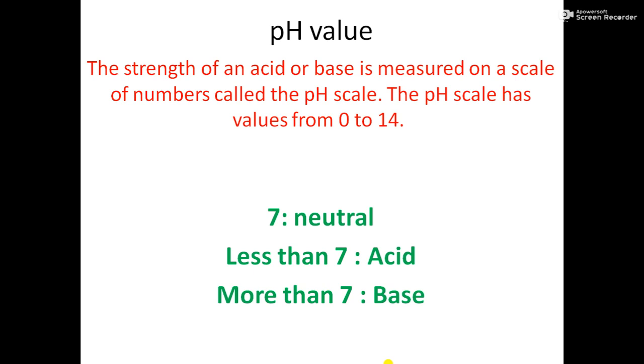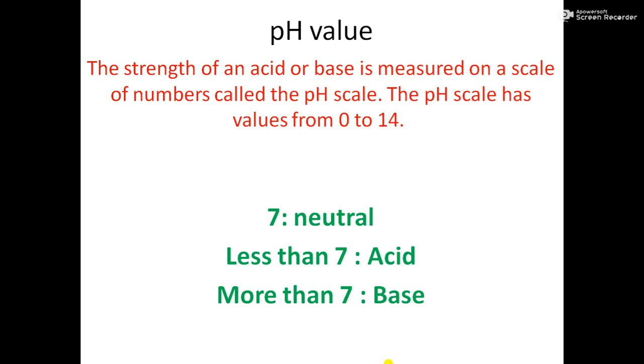And we already know what neutral substances are. Neutral substances are substances which are neither acids nor bases. They are salts. So all neutral substances lie on the pH scale at number 7.